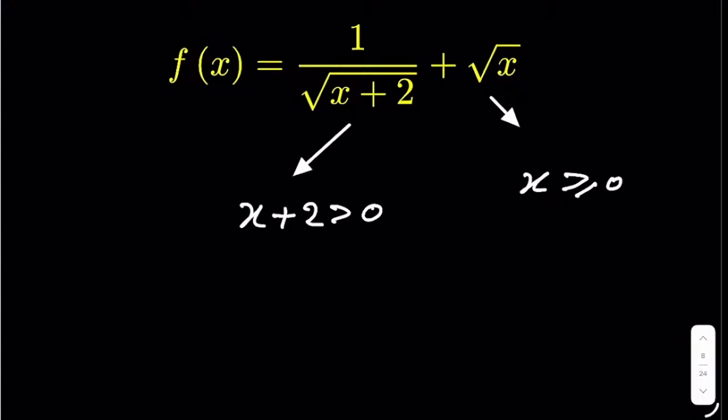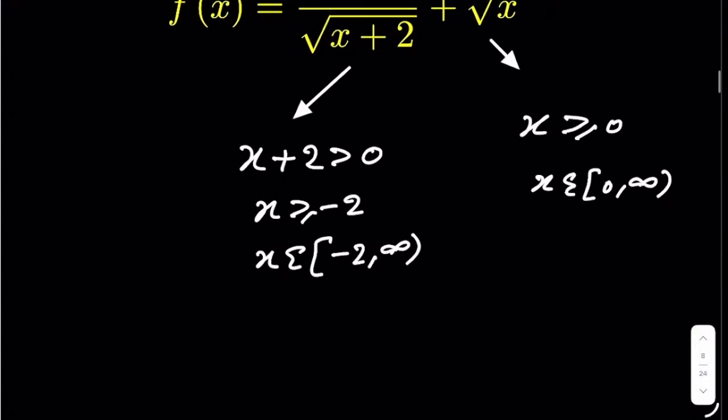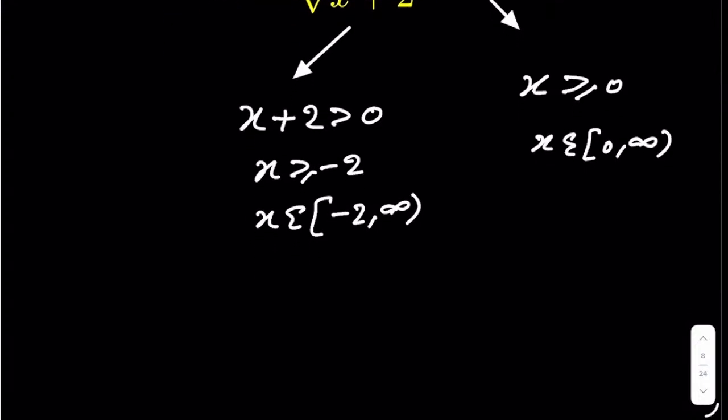After that, the first part says x is greater than minus 2, and this one says the closed interval 0 to infinity, and this one from minus 2 to infinity. Clear? After that, we are using the number line curve method. Minus 2 to infinity.